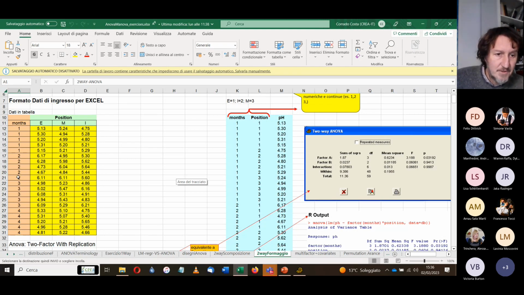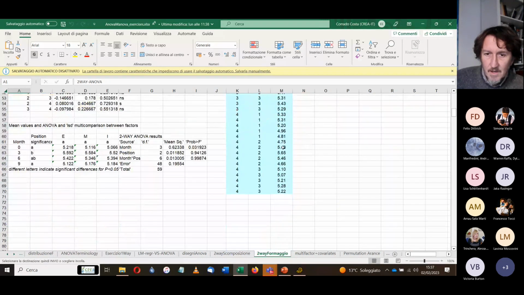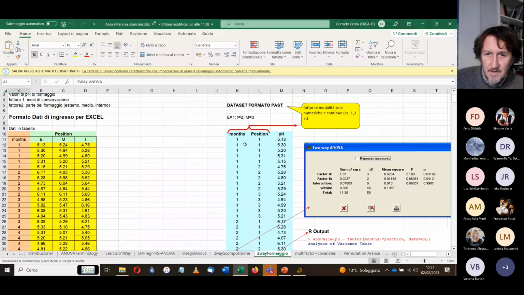This is the matrix, but to be imported in PAST, you have to put the two factors, month and position, numerically into columns, and the third column is the quantitative variable. Okay, this is the way of preparing your matrix.